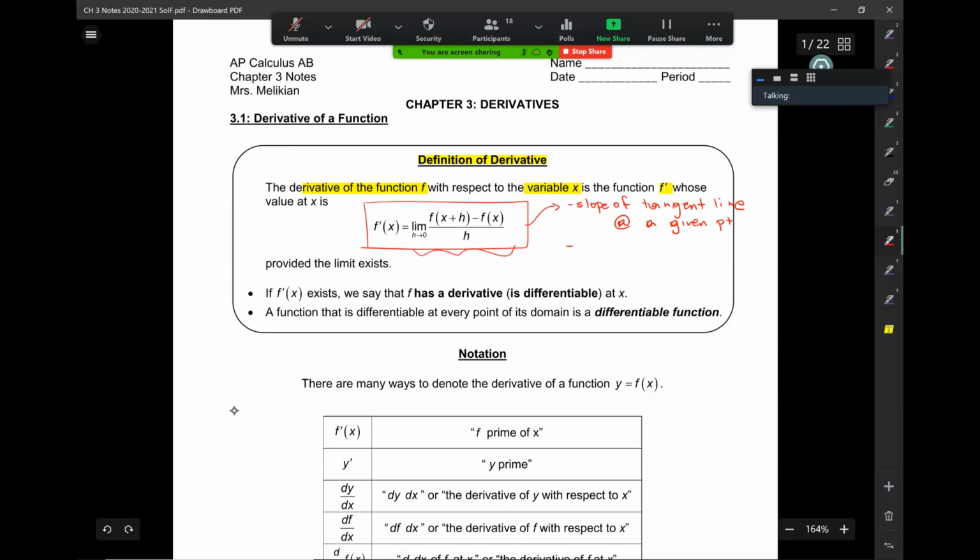Slope with an E. What we also called it was the instantaneous rate of change. I've always told you rate of change and slope were synonymous. And now we're going to add a third concept to it, and that's the derivative.